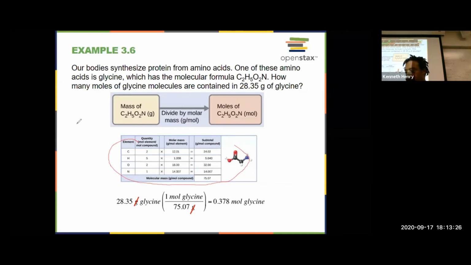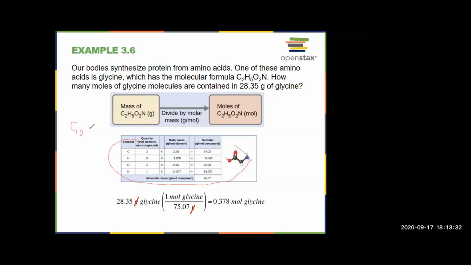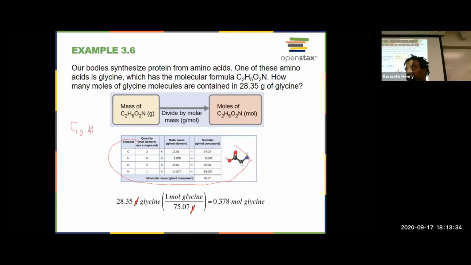So if we have C10H14N2, and let's assume that we have 2.00 grams of nicotine. What's going to be the number of moles that is?